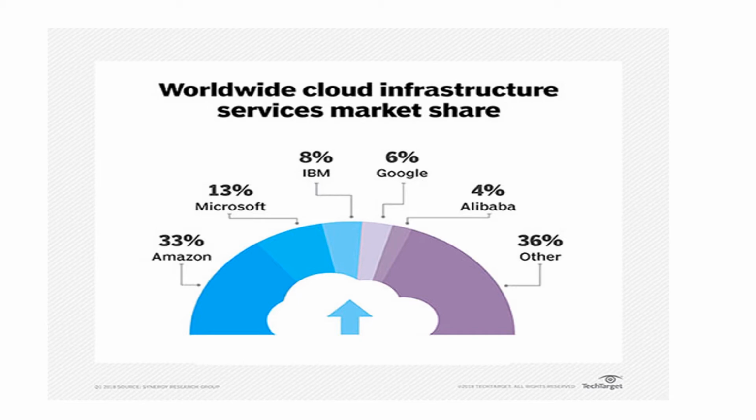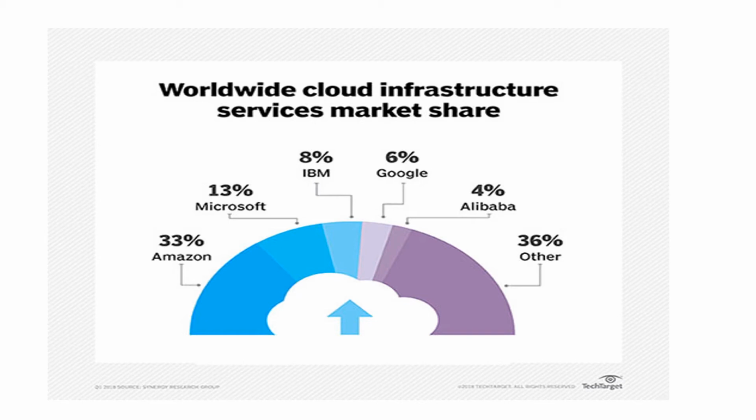There are other cloud infrastructure service providers who provide cloud computing services, and altogether they have a share of 36%. Amazon is one of the leading companies because they have updated infrastructure, with all new system configurations deployed.